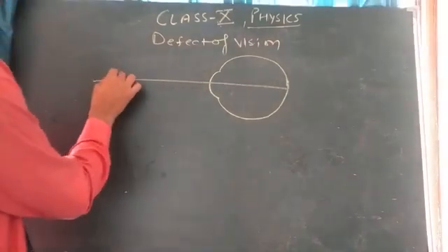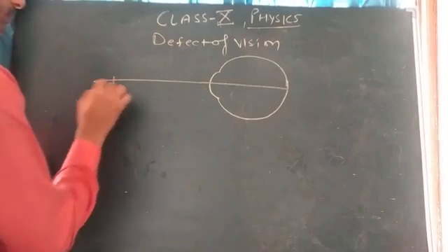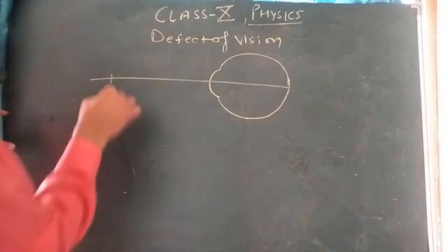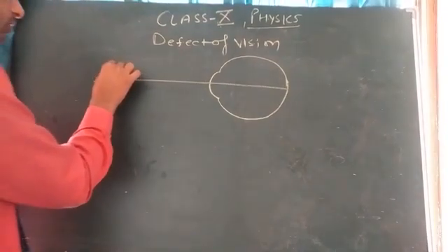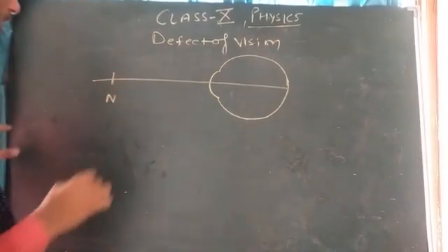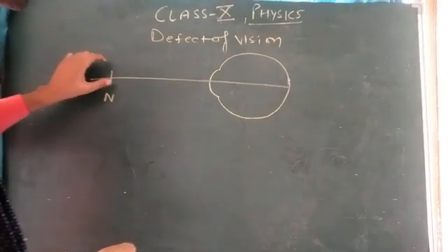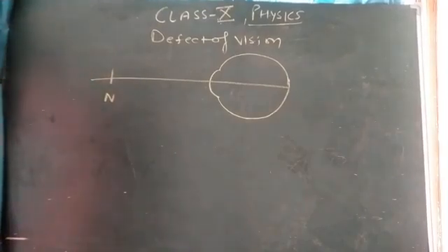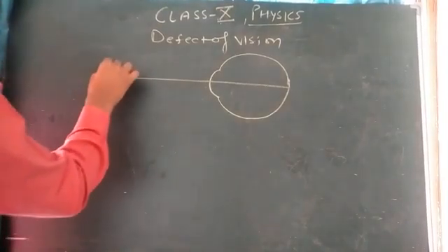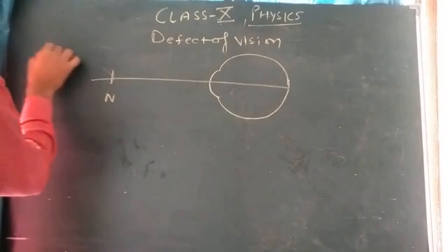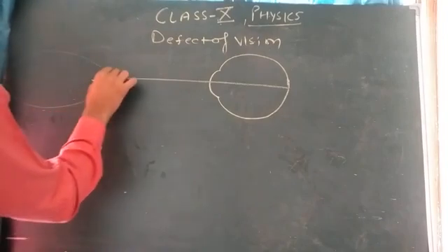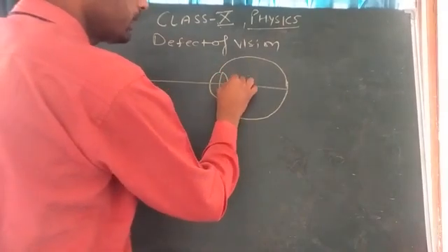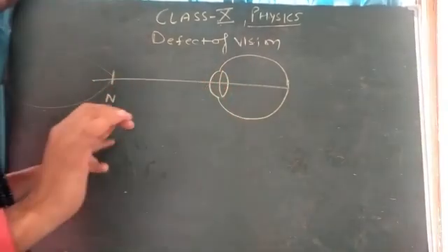So let this be the near point. What is the meaning of this point? It means up to this point a man can see properly or clearly. It means from infinity to this point, this hypermetropic eye can see clearly.